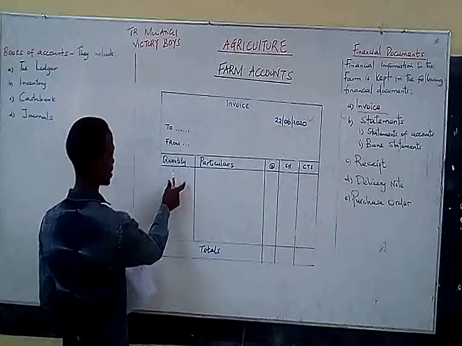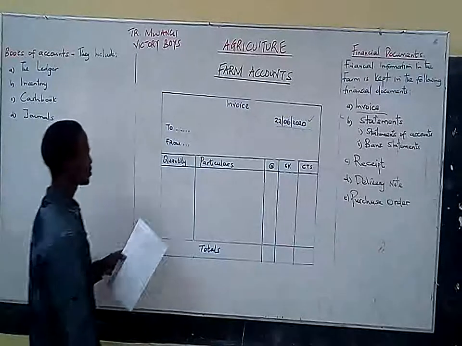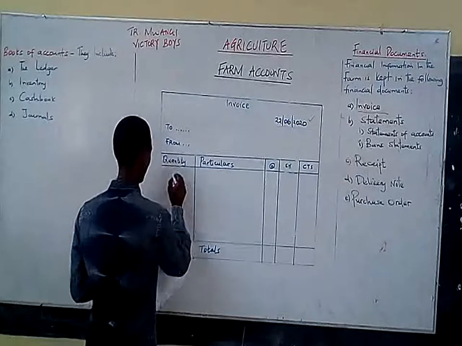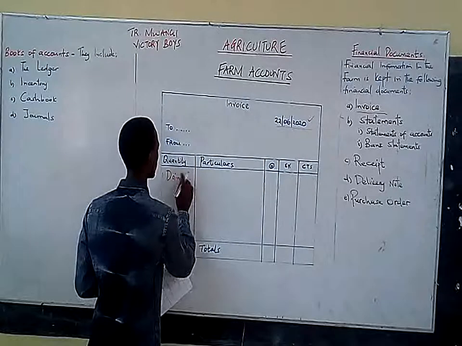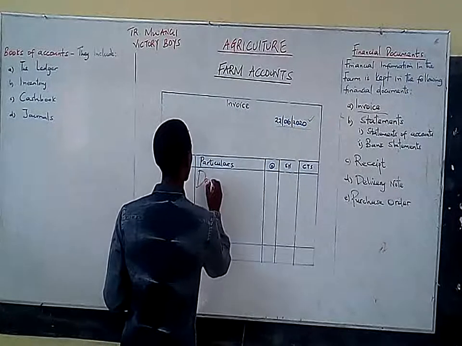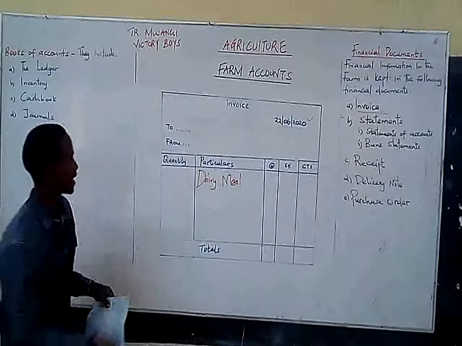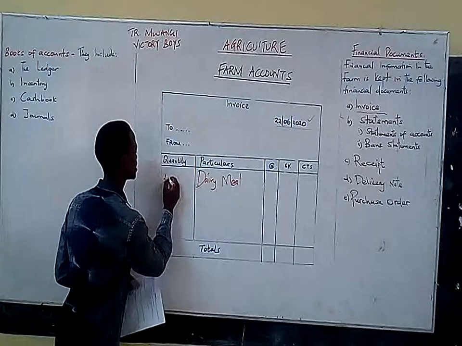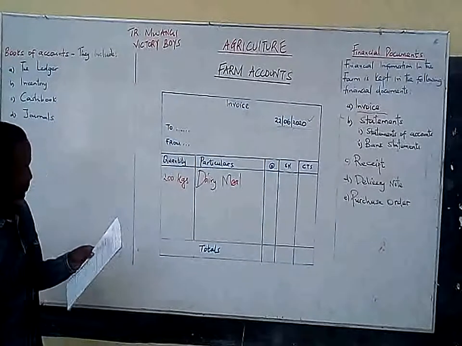We are going to indicate them on this column over here. For example, this farmer is going to buy dairy meal. We need to have our dairy meal on particulars. Maybe he bought 200 kgs of dairy meal.